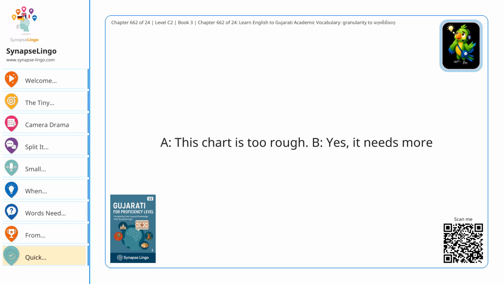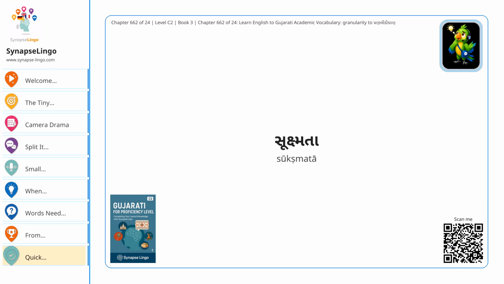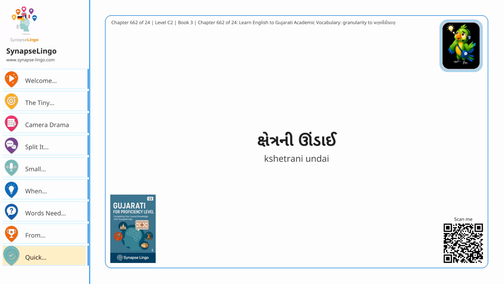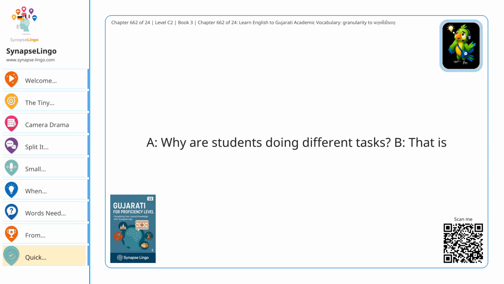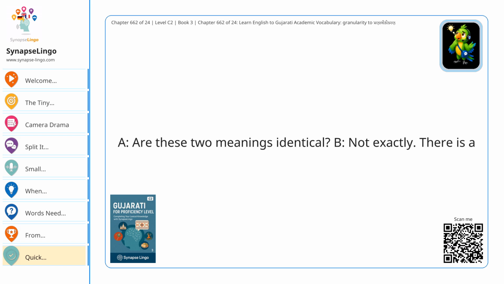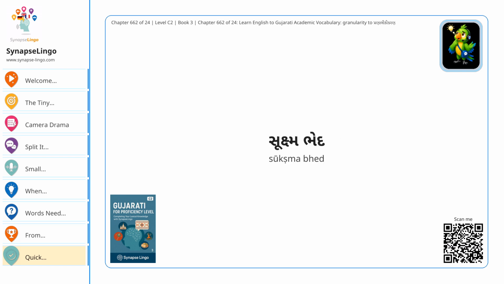A. This chart is too rough. B. Yes, it needs more સૂક્ષ્મતા. A. Why is the background blurry? B. Because of the ક્ષેત્રની ઊંડાઈ. A. Why are students doing different tasks? B. That is ભેદીકરણ. A. Are these two meanings identical? B. Not exactly. There is a સૂક્ષ્મ ભેદ.